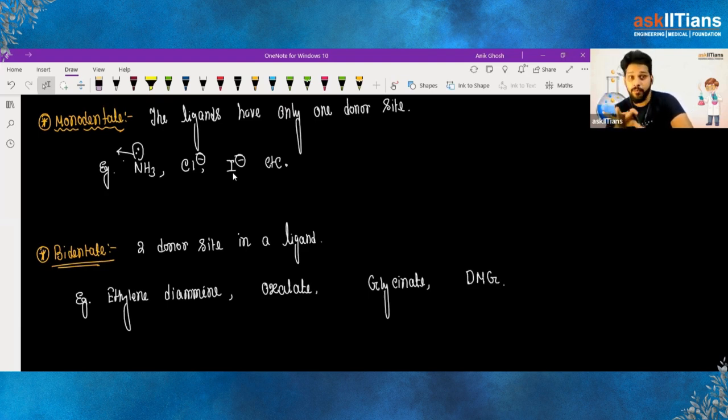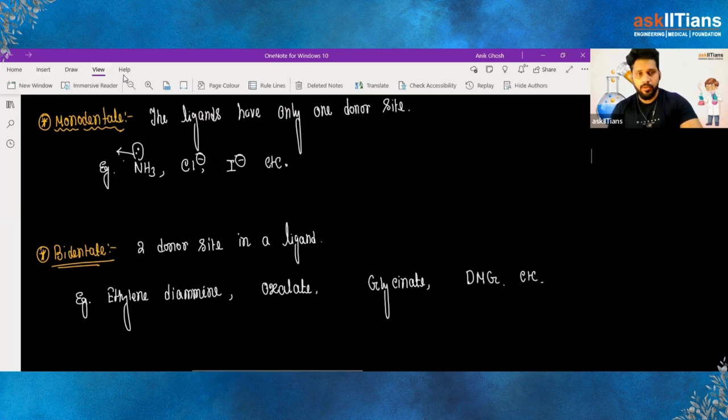Nickel DMG complex, you're going to see it in practical chemistry. There will be many nickel DMG complexes discussed in that part. There can be many of them actually. I'm just going to give this much, etc. Am I missing anybody important? Ethylene diamine, oxalate, glycinate, DMG. No, I guess this is fine.